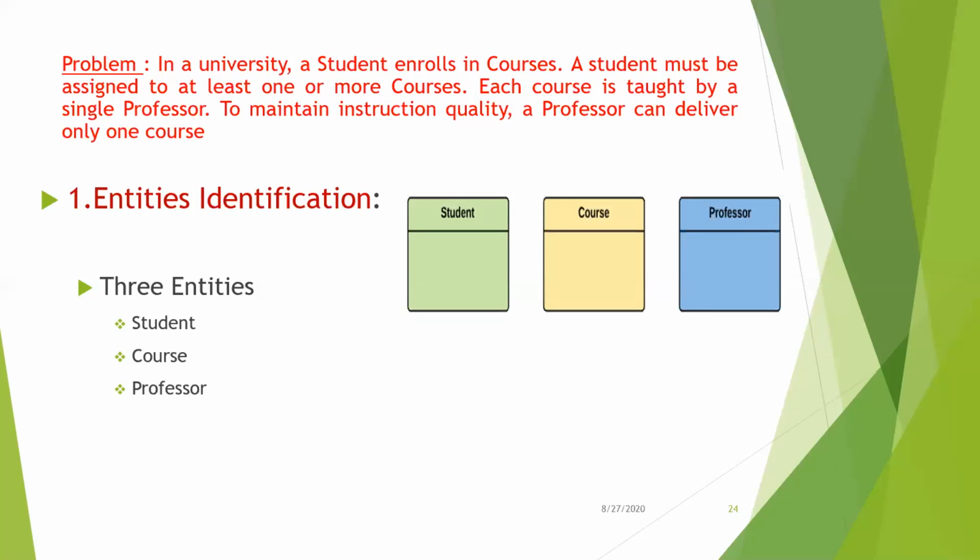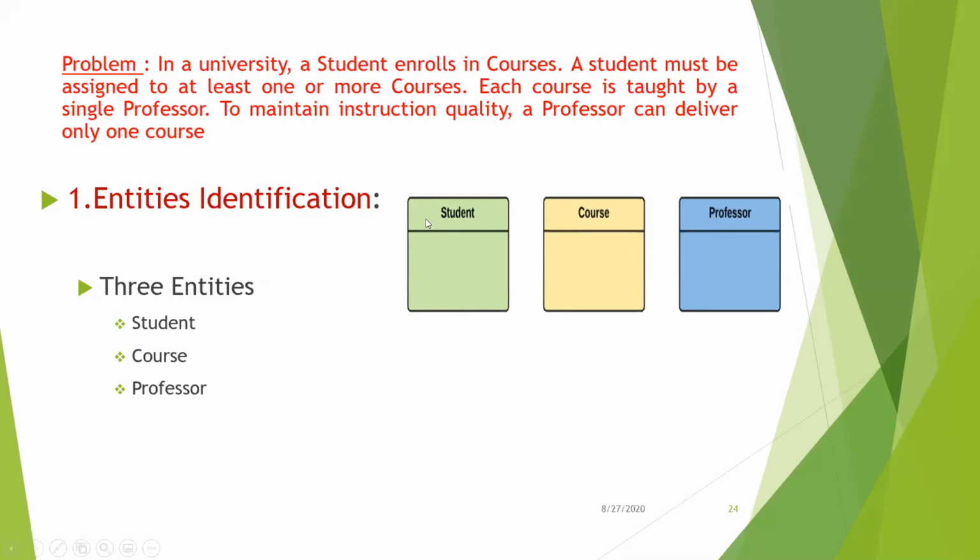So in this first step, from the problem we can find student is an entity, course is an entity, and then professor is an entity. So we found 3 entities. Now entities identification is finished. Now we are representing them in rectangles.